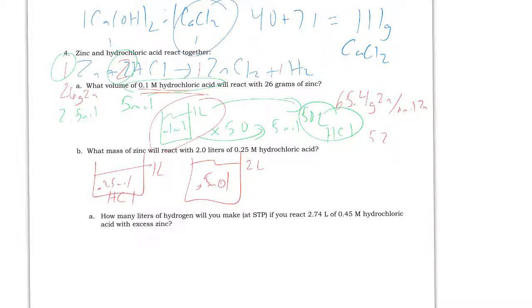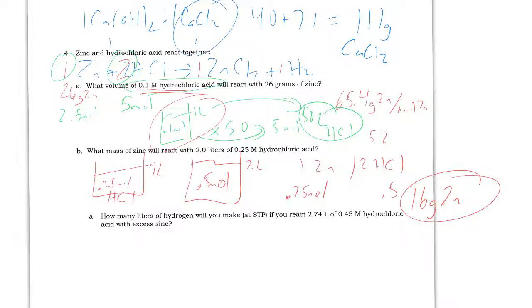If there's a 1-to-2 ratio, there's 1 zinc to 2 HCl's, and this is 0.5, then this is 0.25 moles. And Alexa just told us that this is 65.4, so half of that would be 32.5. Half of that would be 16 1/4, so about 16 grams of zinc.